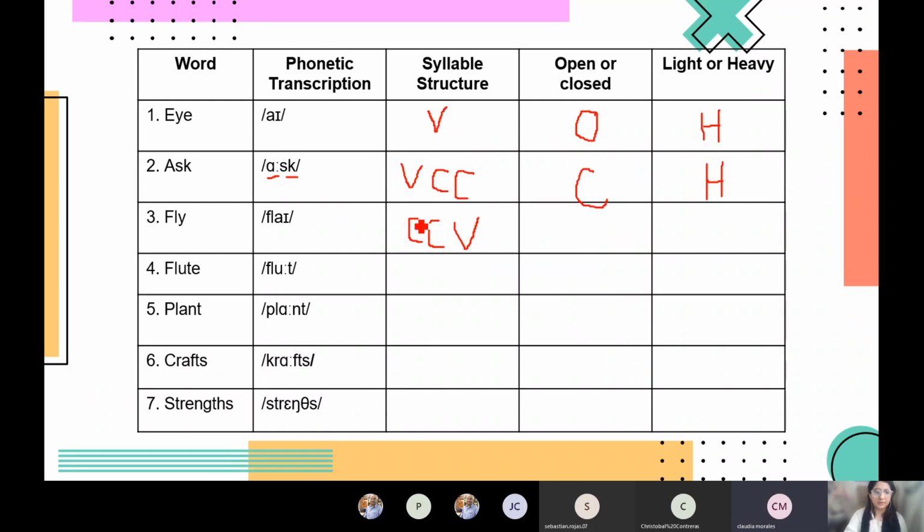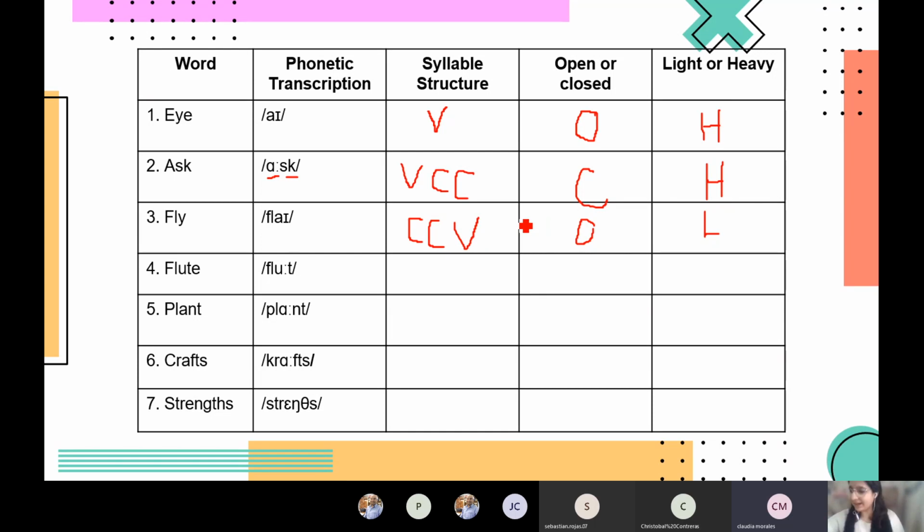It is open. And is it light or is it heavy? It is light. Why do you think it's light? I don't know. You don't know? Can somebody help?